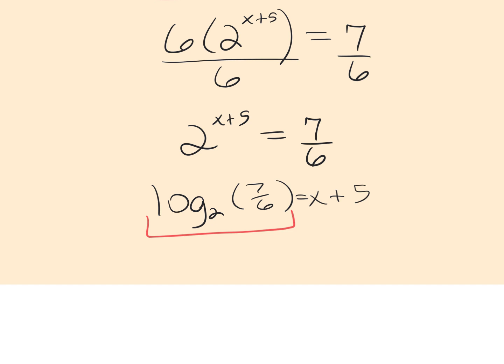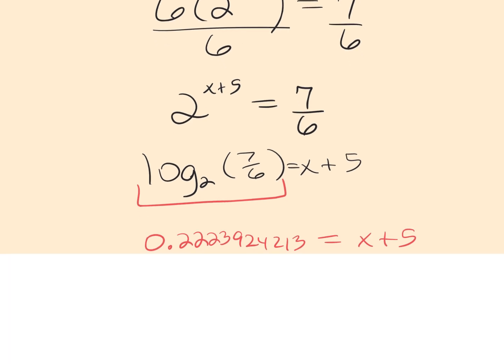So if I go ahead and calculate this number, I end up with 0.22239242213 equals x plus 5.